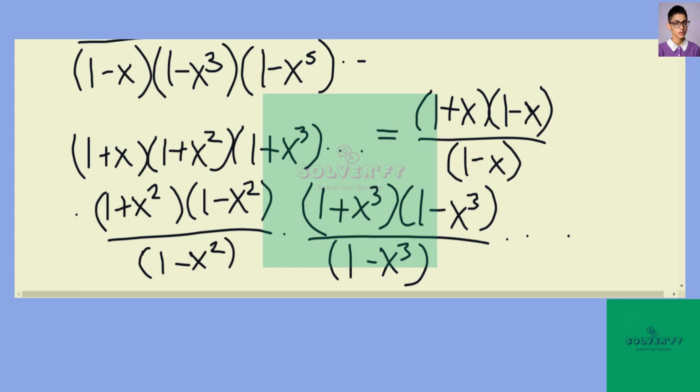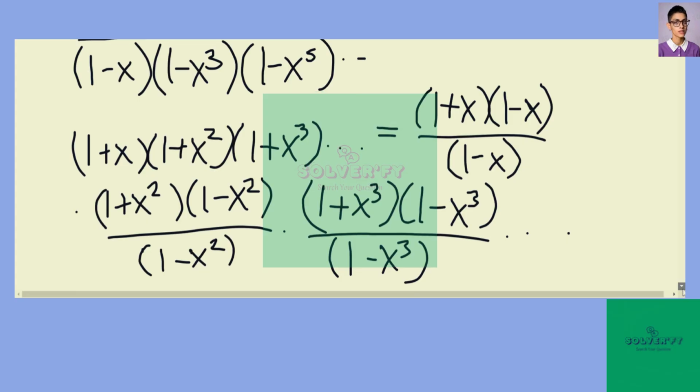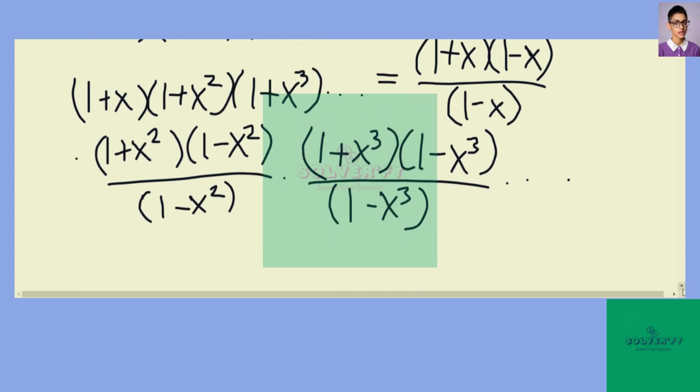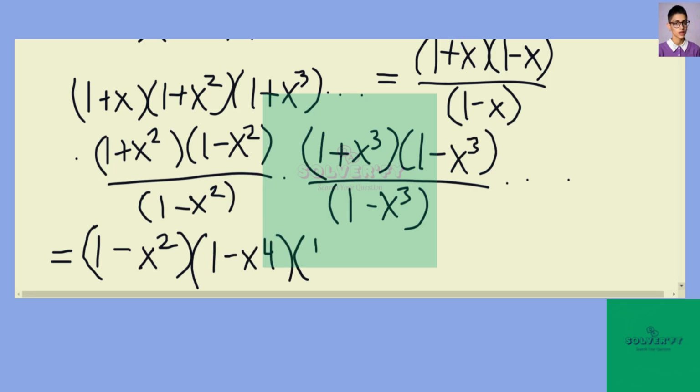In the numerator, we're going to have sets of differences of squares. This is equal to 1 minus x squared times 1 minus x to the fourth times 1 minus x to the sixth, and so on.